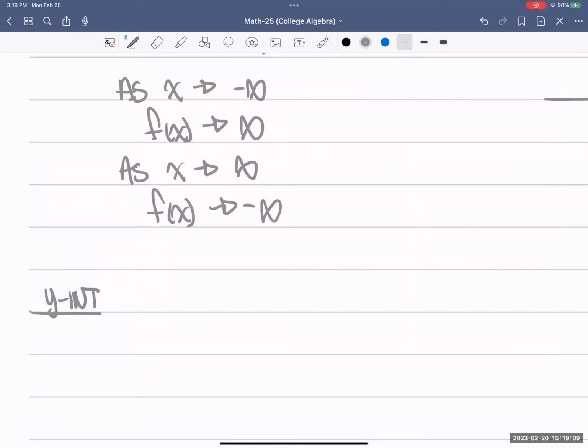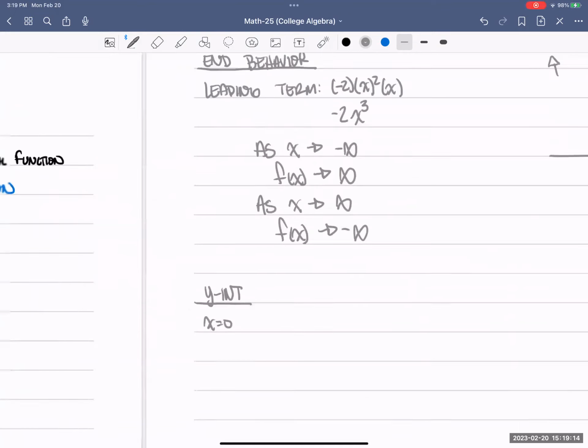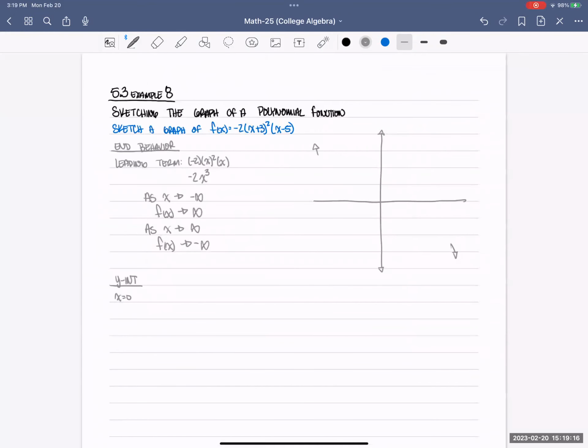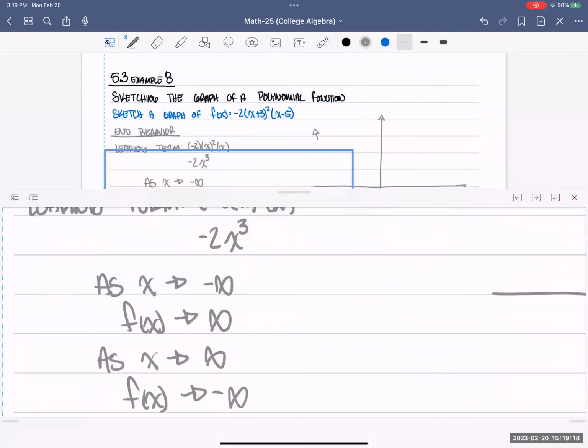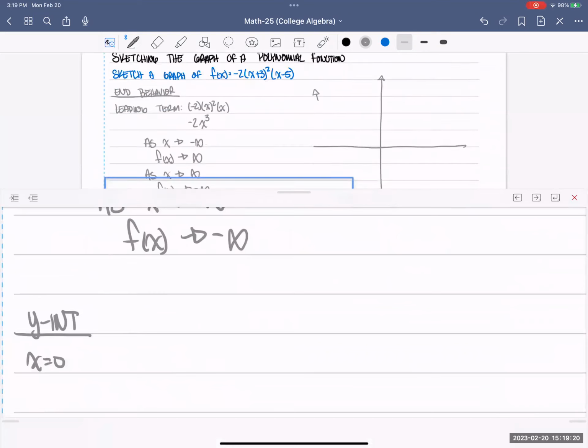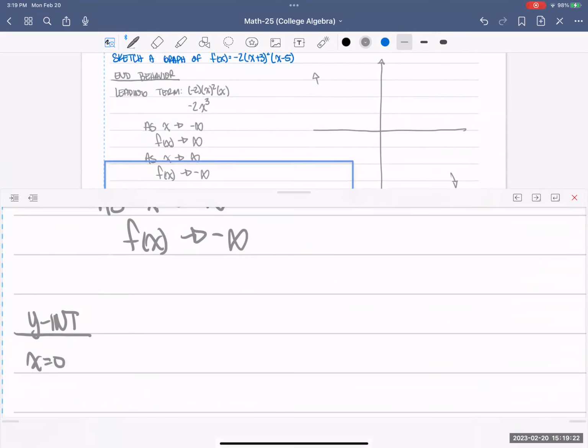Our y-intercept happens when x is equal to 0, so we're going to evaluate our function at 0. So f of 0 is equal to -2 times (0 plus 3) squared times (0 minus 5).